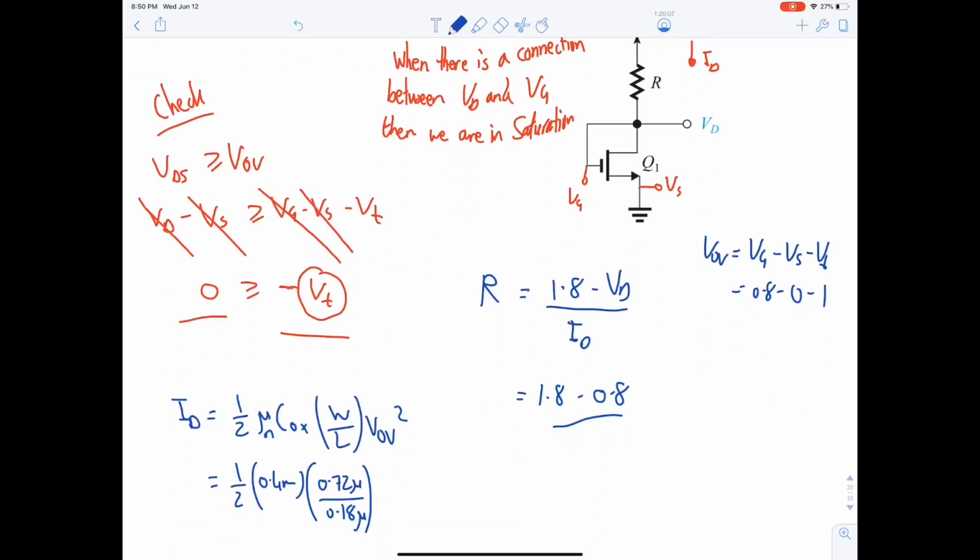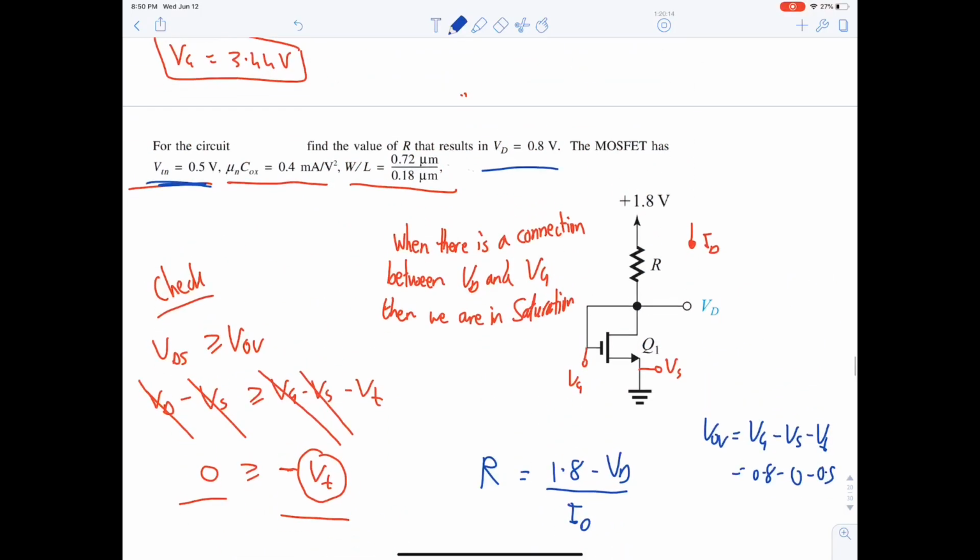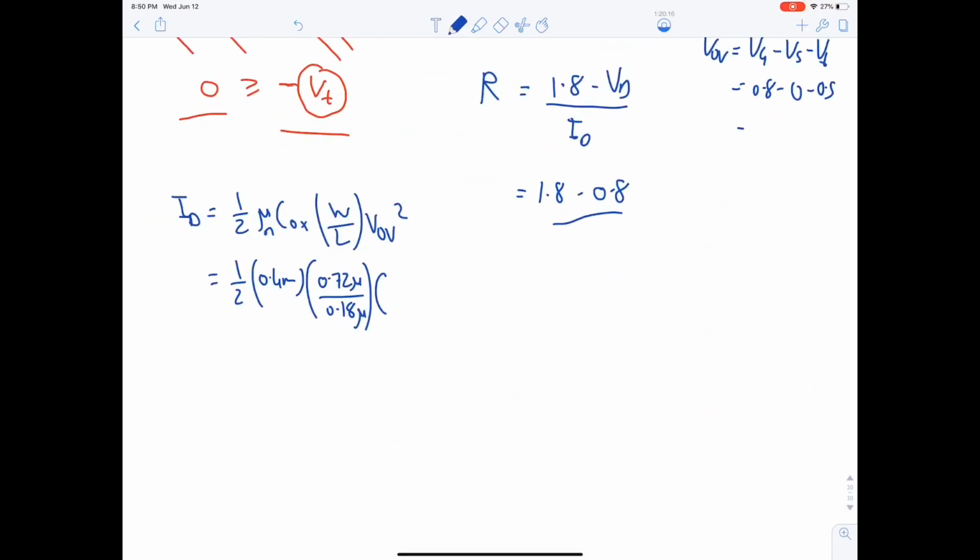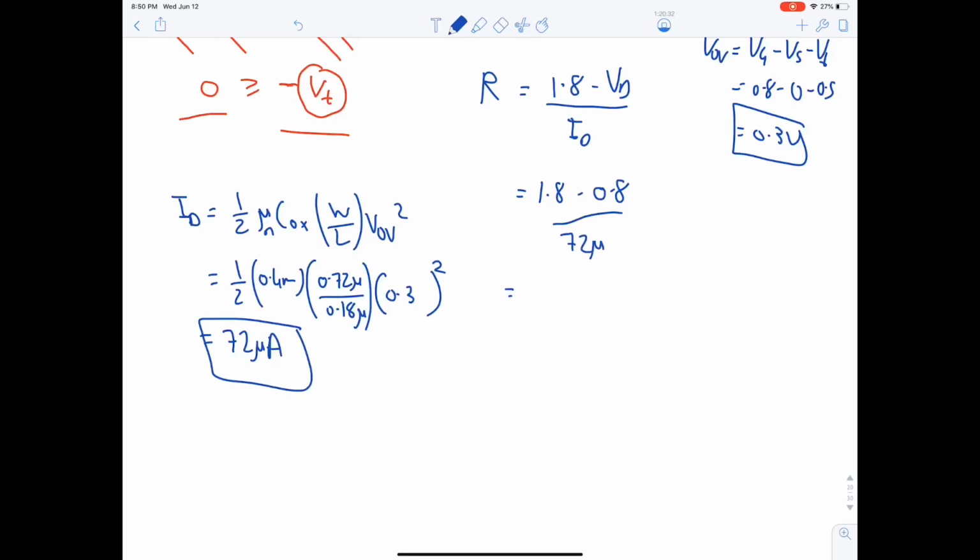Vt is 0.5, it's not 1. So this will result in 0.3 volt. 0.3 volt squared will give us 72 microampere. Solving this will give us 13.9 kilo ohm. Okay.